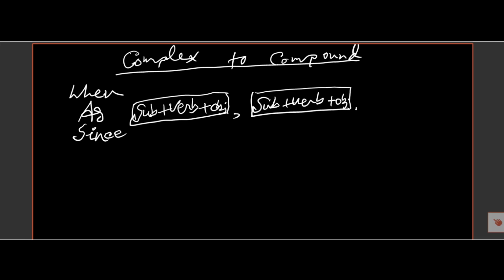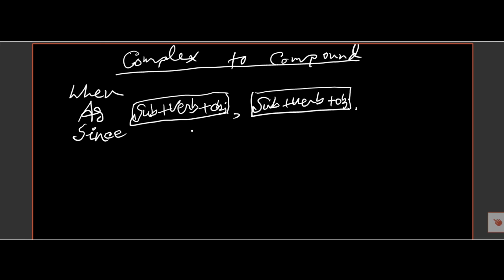So if there is when, as, or since as a conjunction in the complex sentence, then we can transform it into compound in the following structure.